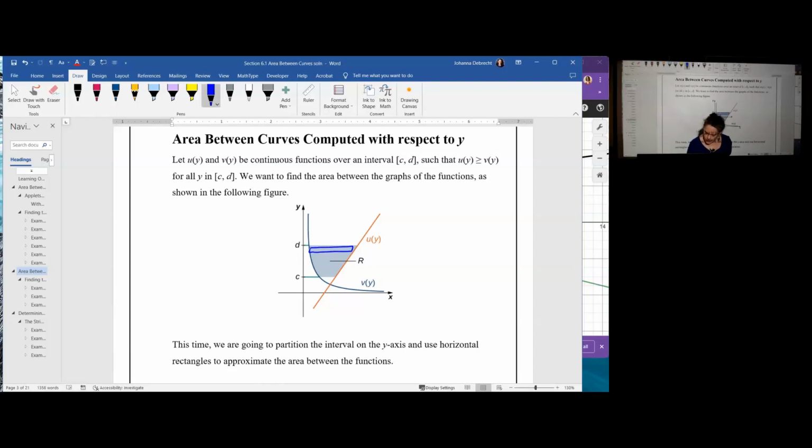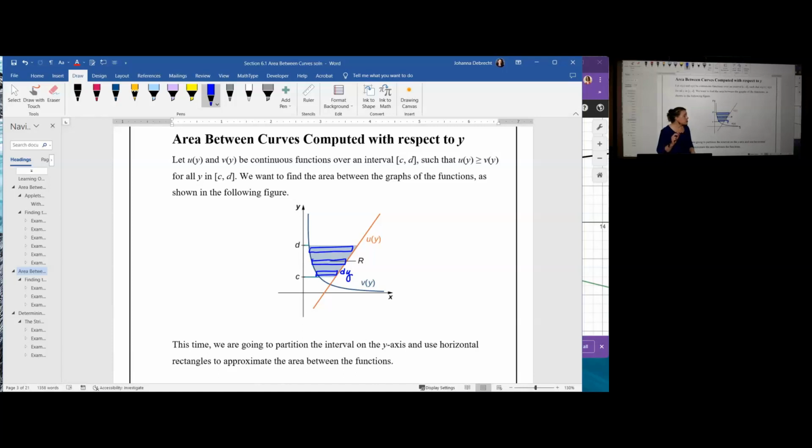Since we're going to integrate with respect to y, we'll draw the strips horizontally so that the narrow end becomes the differential dy. Notice that it is always the blue graph on the left and the orange graph on the right. This gives us one region to integrate over instead of two.